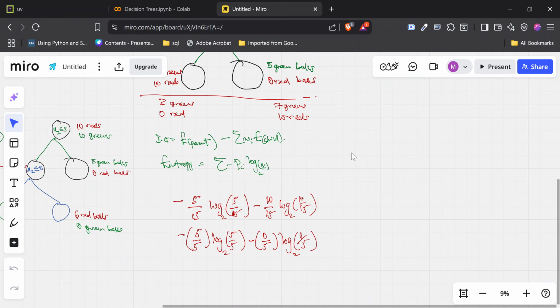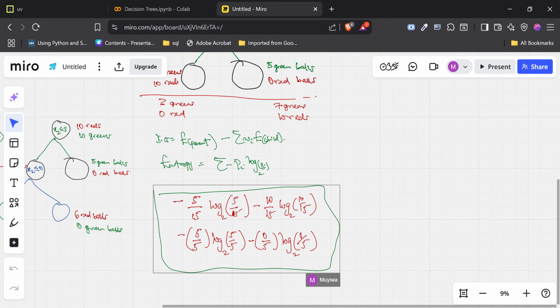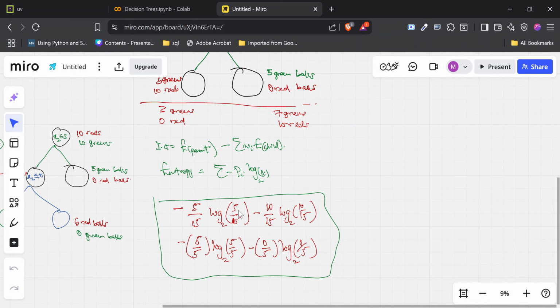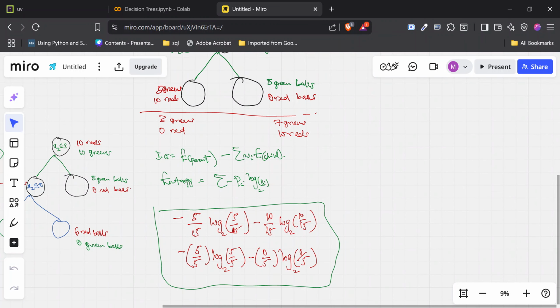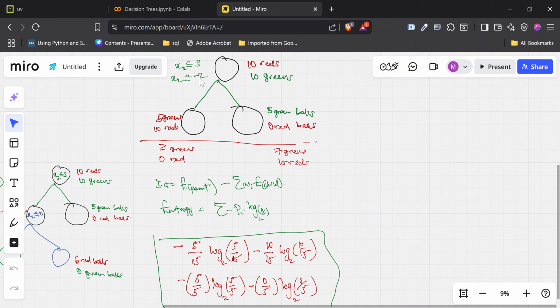So in these two here, compute the entropy for x2 less than or equal to 3. That is the value that should be here and the value that should be here.